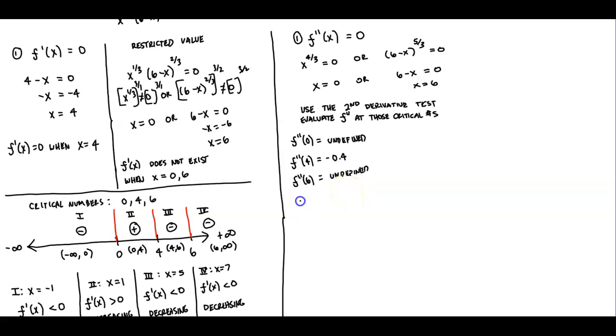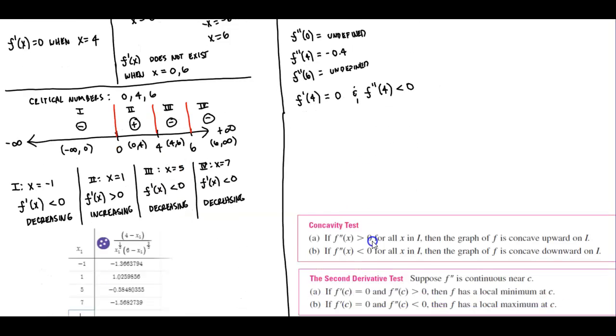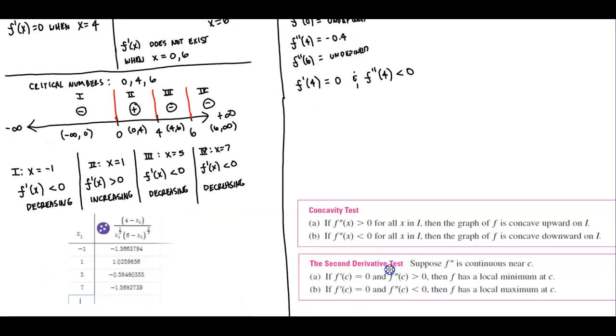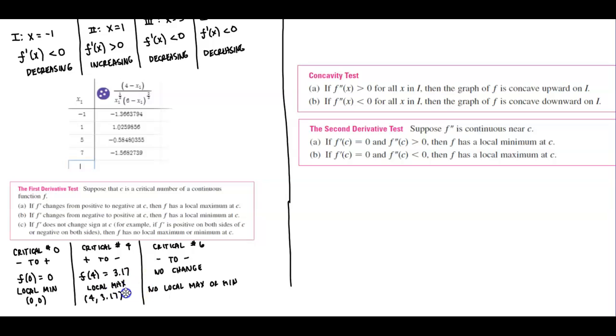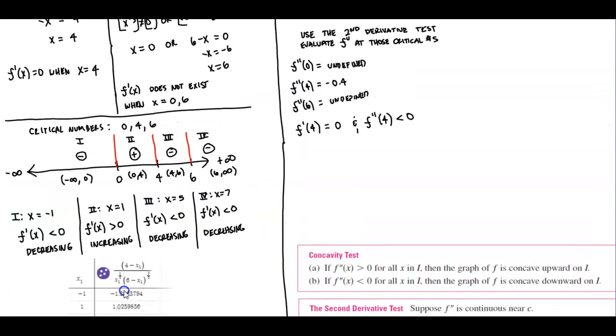And so with this, we know that f prime of 4 is equal to 0, and we saw that f double prime of 4 is less than 0. So the second derivative test tells us that if f prime of 4 is equal to 0 and f double prime is less than 0, then we have a local maximum, which is what we got over here. So that just confirmed that we have a local maximum.